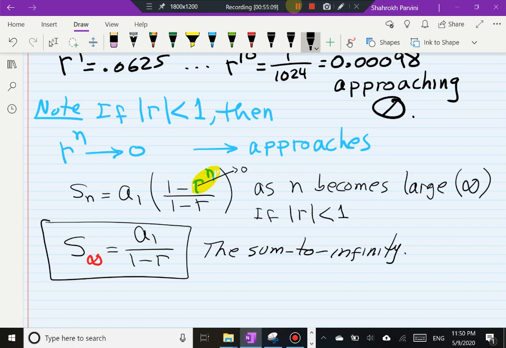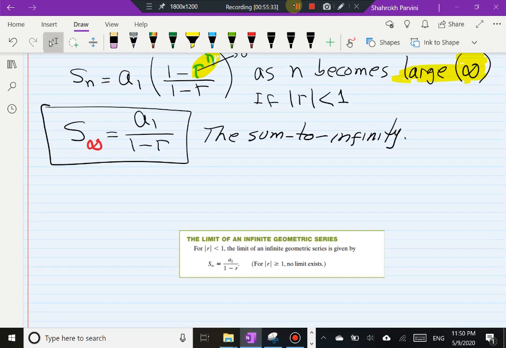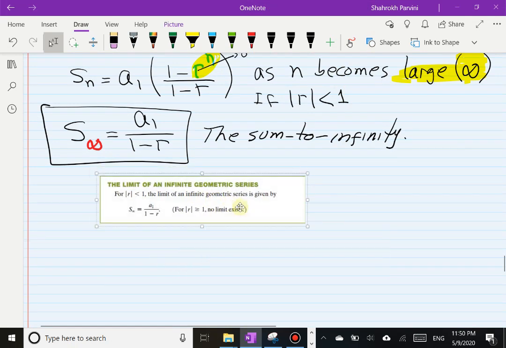Although the theory says n has to be infinitely large, in practice, and I'll show you an example, it really doesn't need to be that large in order for this sum to converge to a number. So that's what this definition is calling for.